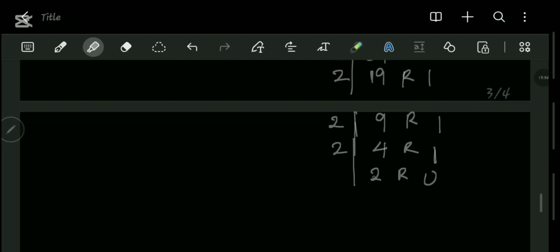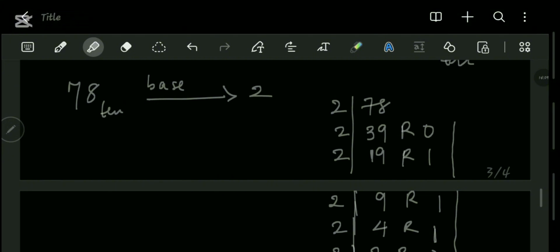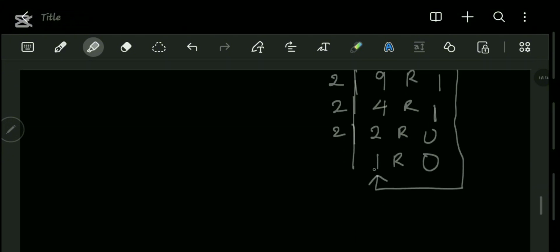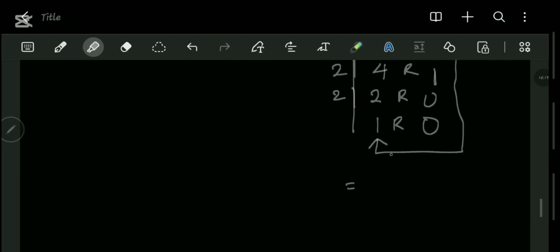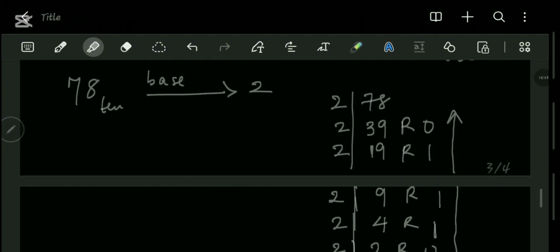2 can still go in 2, so I go with 2 again. 2 goes in 2 is 1, remainder 0. So once I get to 1, 2 can't go in 1. So I pick my values from here and I go upward, right? So the last digit here is 1, 0, 0, 1, 1, 1, 0.